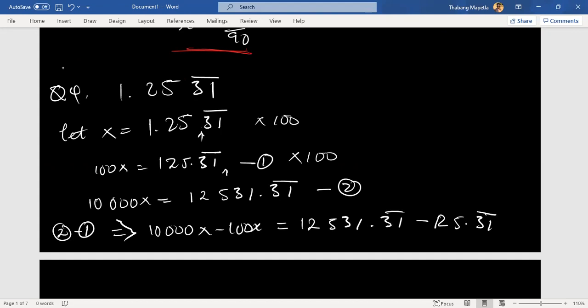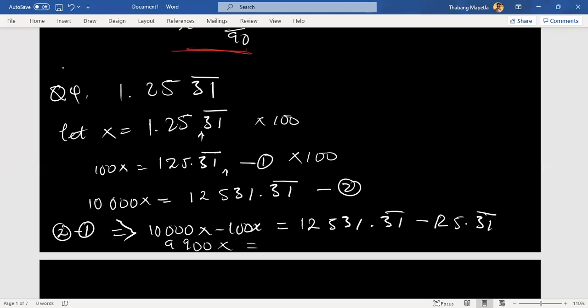Dealing with that, 10,000 minus 100 is 9,900. So 9,900x is equal to that.